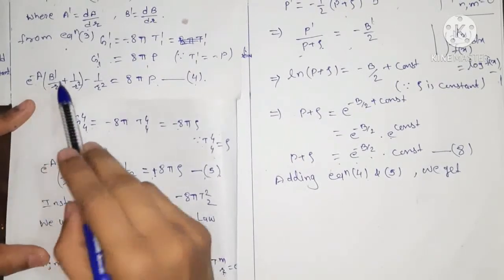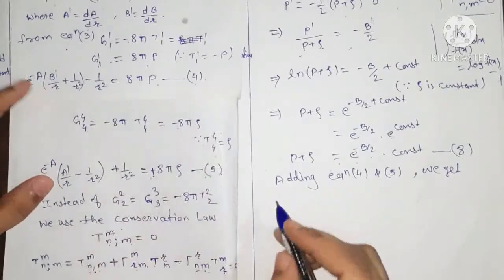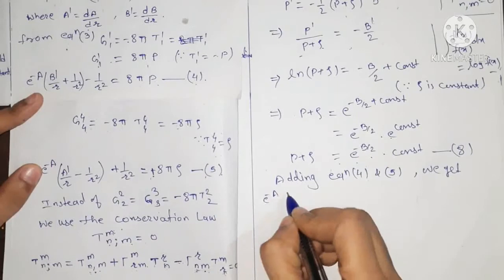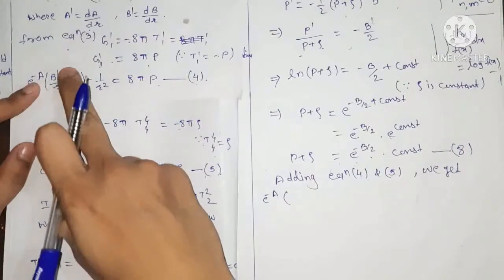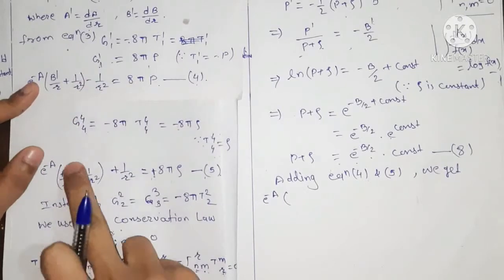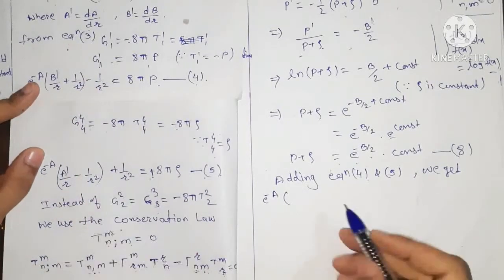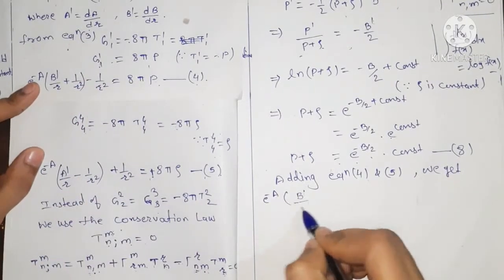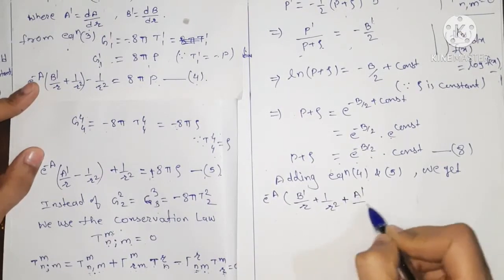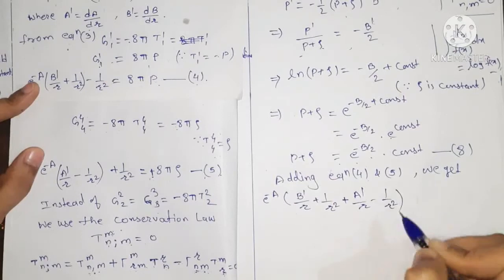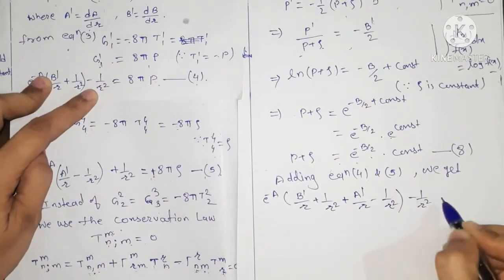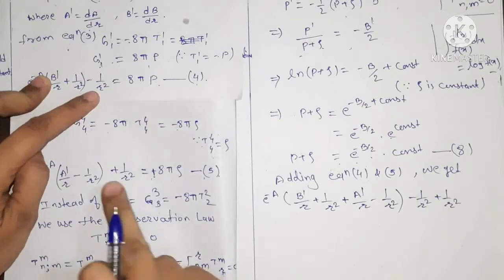Adding equations 4 and 5, we take e to the power minus a common, so e to the power minus a in bracket, we add b dash upon r plus 1 upon r square plus a dash upon r minus 1 upon r square plus this term minus 1 upon r square plus 1 upon r square.